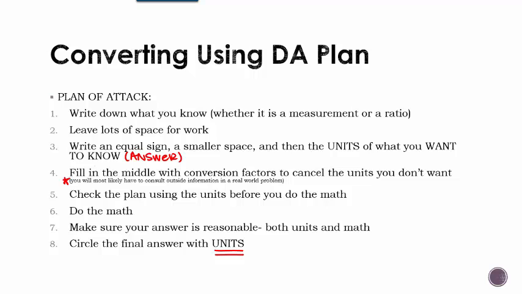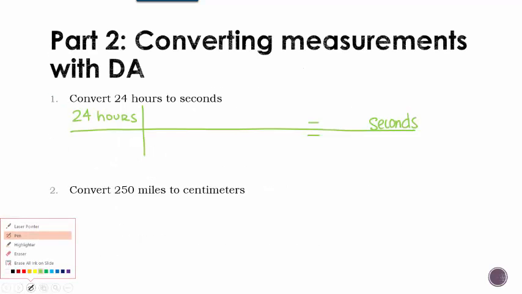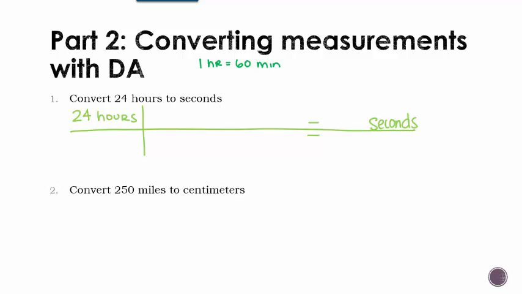Fill in the middle with conversion factors. So, what do you know about hours? Chances are you know that 1 hour is exactly the same thing as 60 minutes. Now, that's not what we want, but it's getting us closer. So when we look at this, remember we can convert this into a fraction. We could put 1 hour divided by 60 minutes like this.